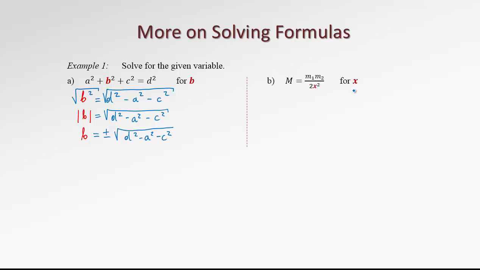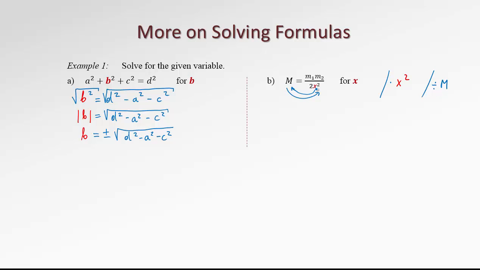Let's see the second example. We need to solve this formula for x. Since our variable x appears in one spot, we can still solve it by isolating it. However, it is in the denominator, so the first thing to do would be to move this x squared to the other side. Formally, we are going to multiply the entire equation by x squared. And in the meantime, we can move the m to the other side, to the denominator. So formally, we are going to divide the whole equation by m.